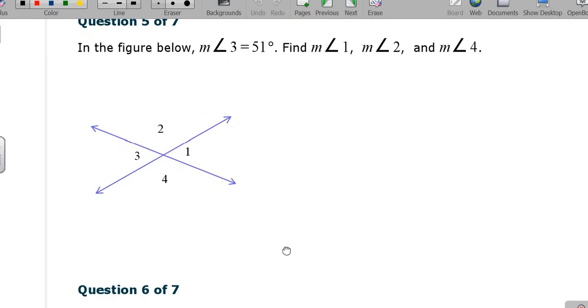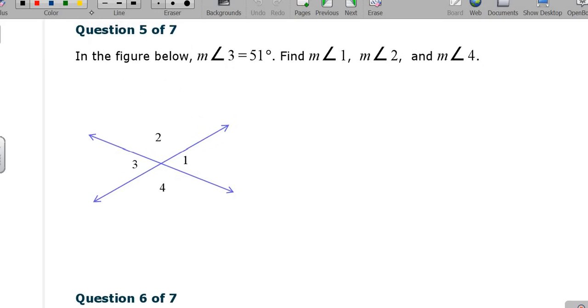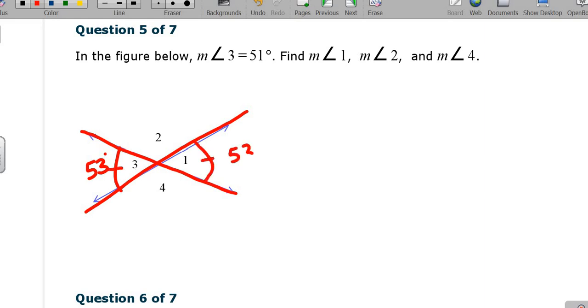Says in the figure below, angle 3 is 53 degrees, and it asks you to find every other angle. What's critical here is if you trace, you have vertical angles, bow tie angles, which means angle 3 and angle 1 are congruent. Trace, sweep. It's a linear pair.